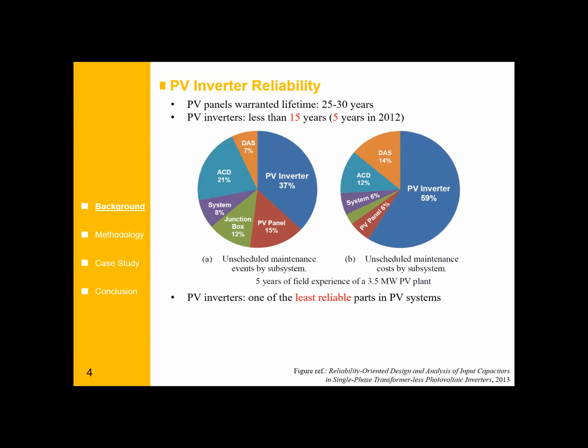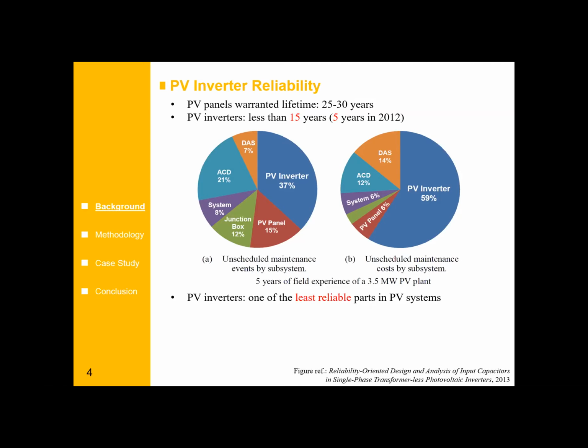PV inverter reliability. We all know that in a solar PV system, there are two main components: one is the PV panels, and the other is the PV inverter. The lifetime of a PV panel is about 25 to 30 years, but for PV inverters, it is usually less than 15 years, and the number was only 5 years in 2012.